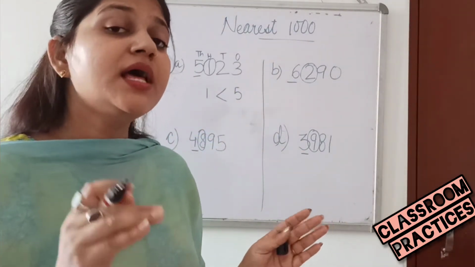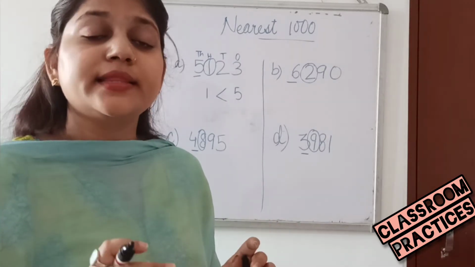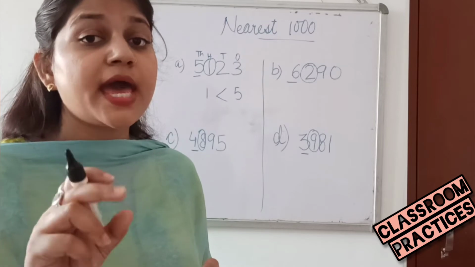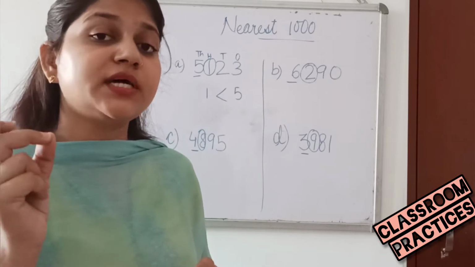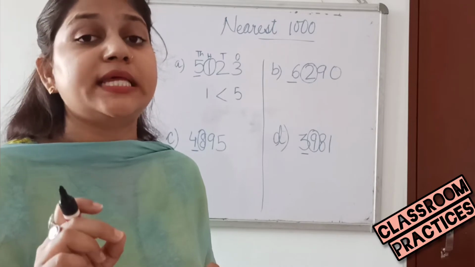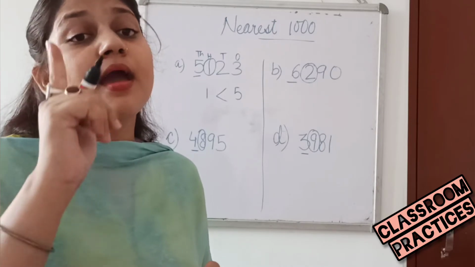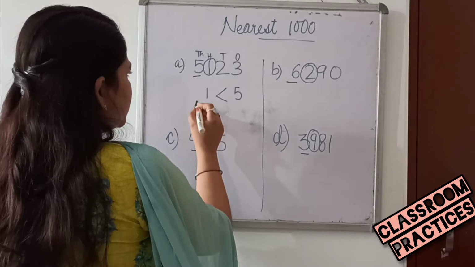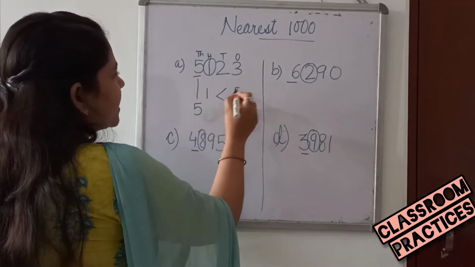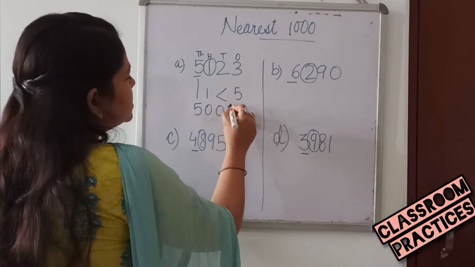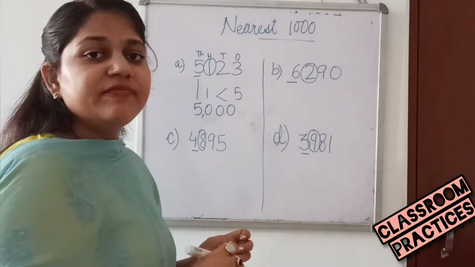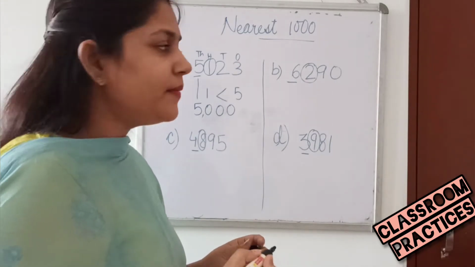According to the rule, अगर 5 से कम है, then we are not going to make any changes. तो यहाँ पे कोई change नहीं होगा, तो simply ये 5 as it is उतर जाएगा और बाकी के places पे we will put 0. So this number will round off to 5000. Okay.